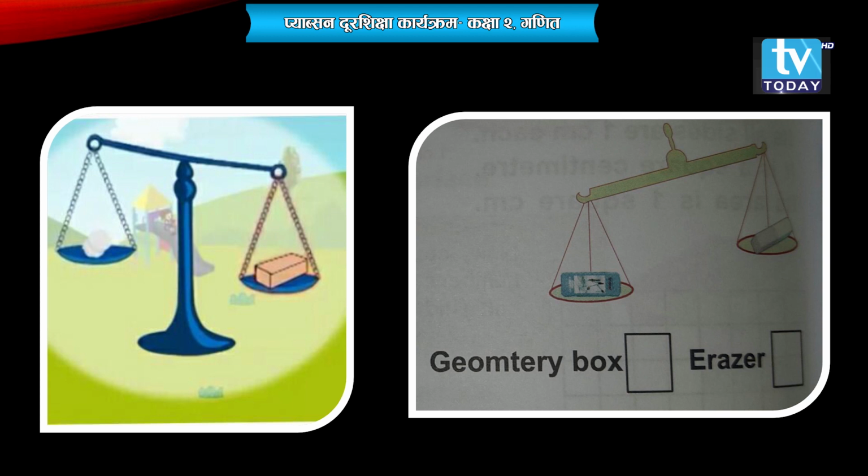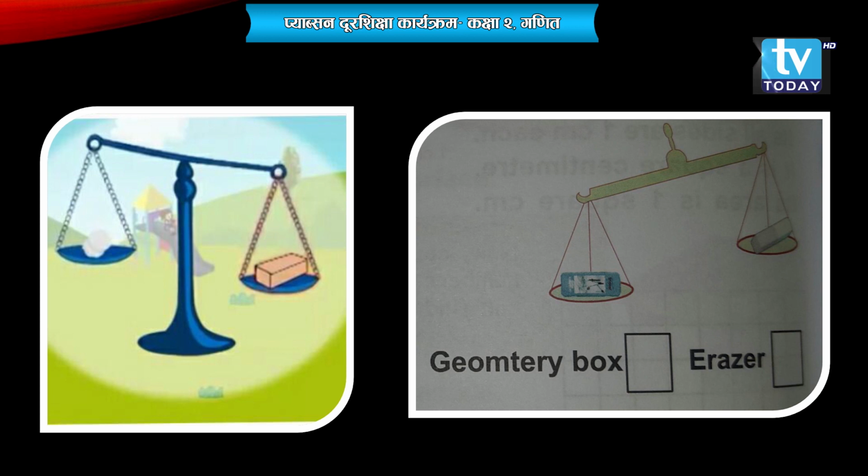Is the eraser more heavy or the geometry box? Okay, I heard it. That means it's the geometry box, right? The geometry box is heavier than the eraser. So for the geometry box side you have to write H, and for the eraser side, you have to write L.